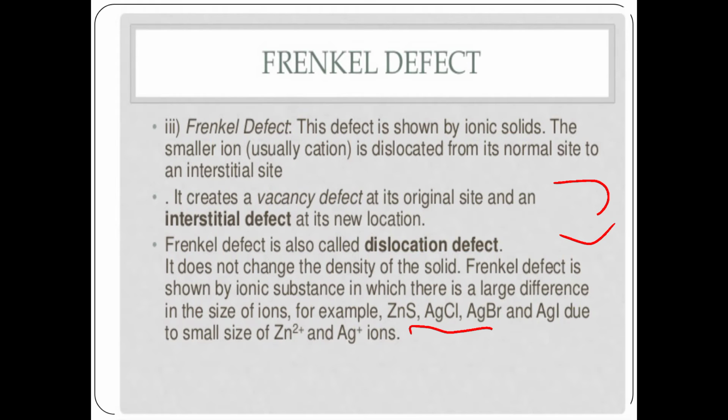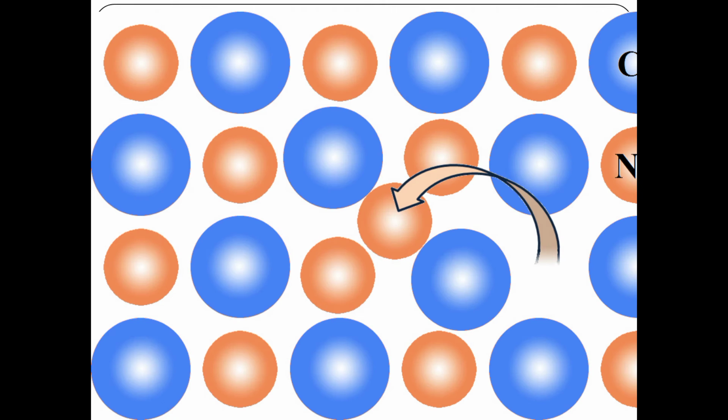If you take these, there is a large difference between the size of silver and chlorine, silver and bromine, and so on. Such compounds show the Frenkel defect. We will see the image of the Frenkel defect. If you see here, this is an image of sodium chloride.